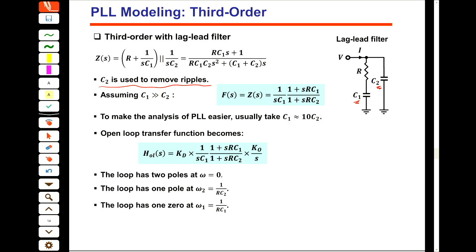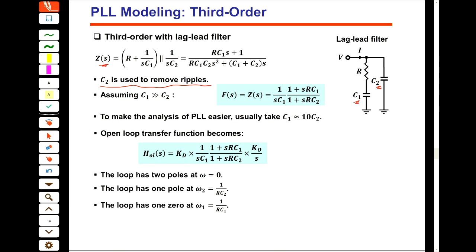To analyze this, we look at the transfer function here, which is Z(S). You see that the transfer function here is different. The transfer function of the previous one was V out over V in. The transfer function here is V out over I in.